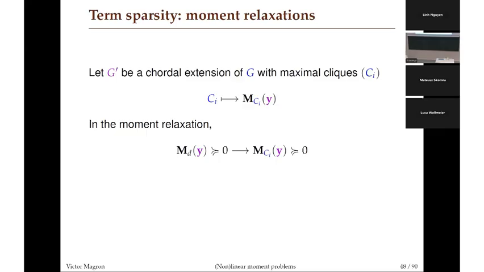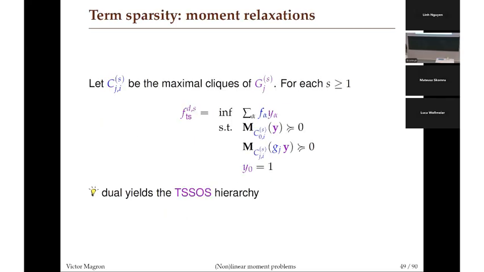So in the moment relaxation, you replace the dense matrix with this submatrix. And you do the same for the localizing matrix. I won't give you too many details on that. And doing so, you obtain the term sparsity exploiting moment hierarchy. So every dense object is replaced by this block diagonal object.